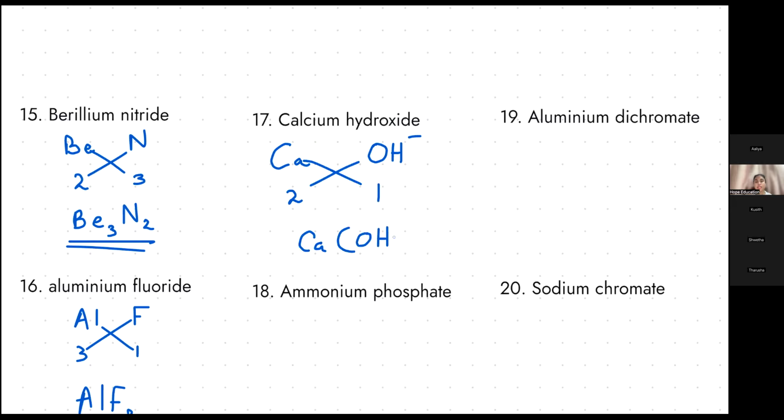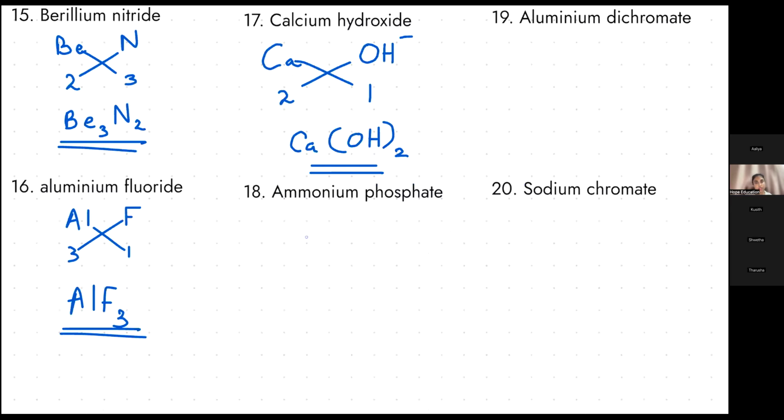Ammonium phosphate. Ammonium is NH4 plus, right? What is phosphate? PO4, then the charge 3 minus.